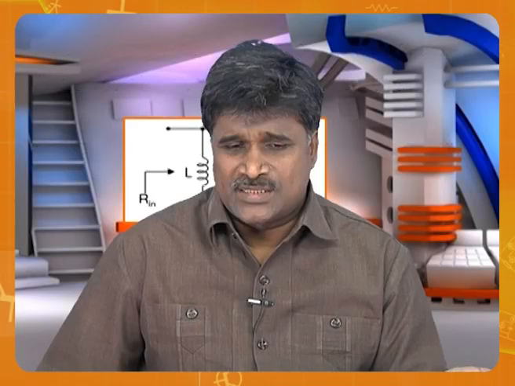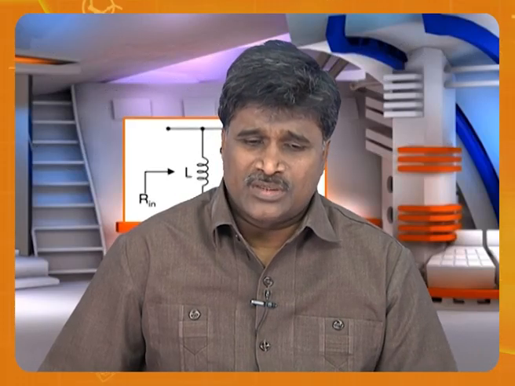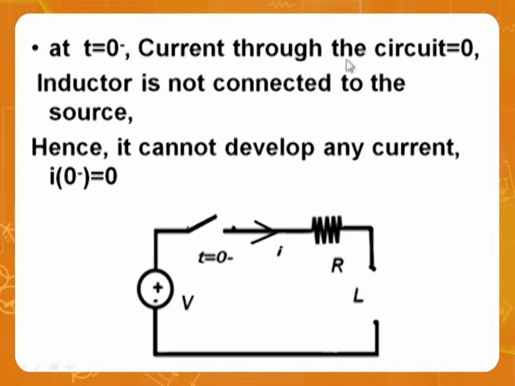Just before means 0 minus, and the current through the circuit is 0. Please observe the circuit. At 0 minus, the switch was open. Why? Because the switch is closed only at t equal to 0. Then what will happen to the inductor?